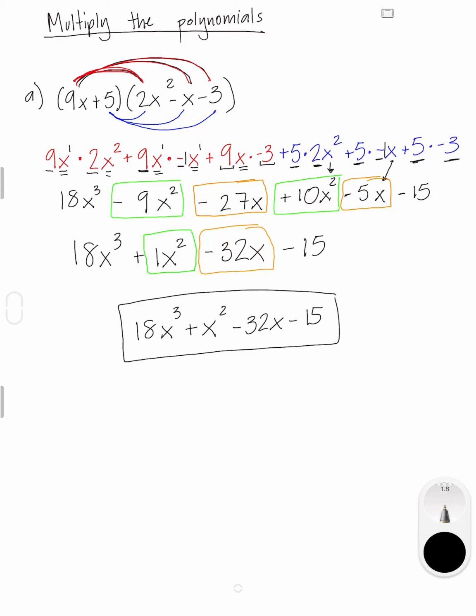And that will be our product of this binomial with this trinomial. Okay? So again, we apply the distributive property. You need to multiply every single term in the first polynomial by every single term in the second polynomial.